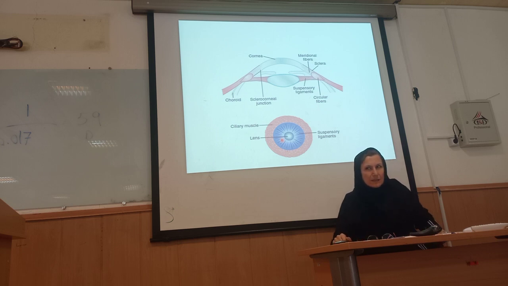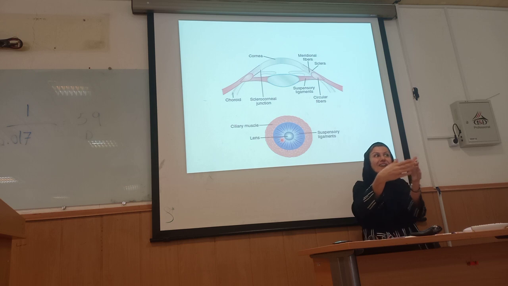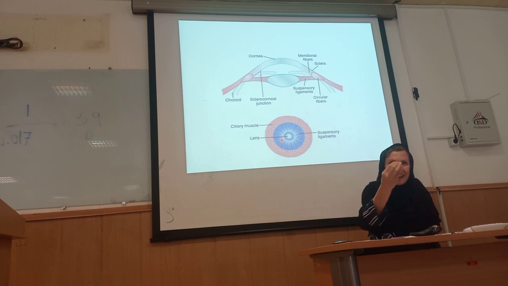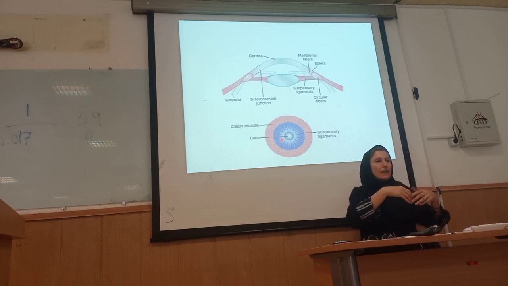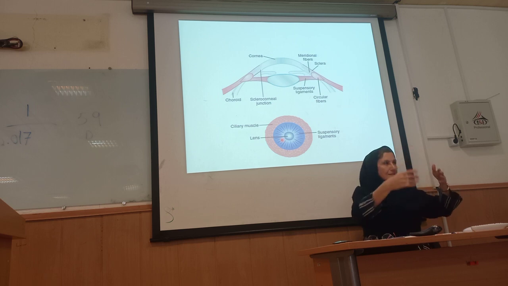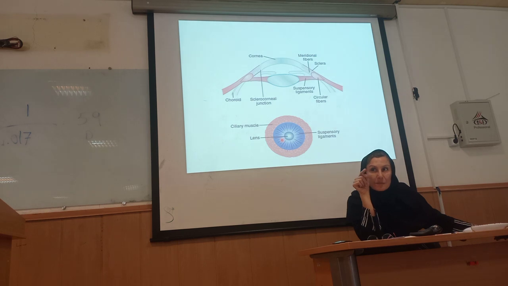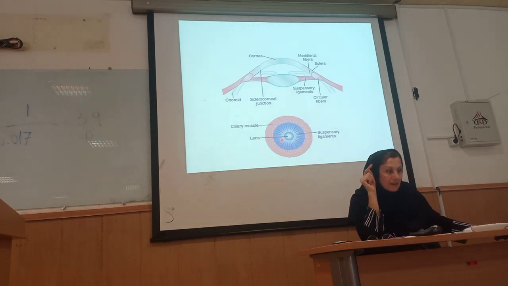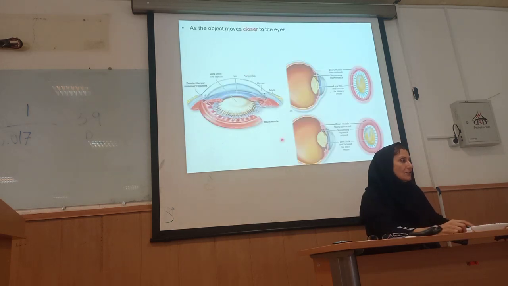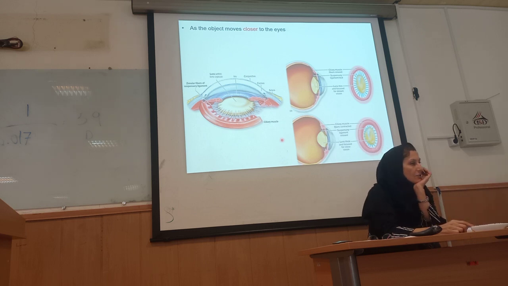What is the meaning of that? They can bend light rays more. And after that, focusing on the retina increases, especially on the fovea. Okay? Here you can see, please pay attention to this figure.